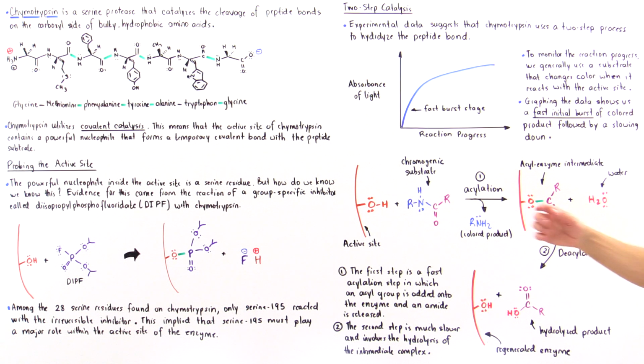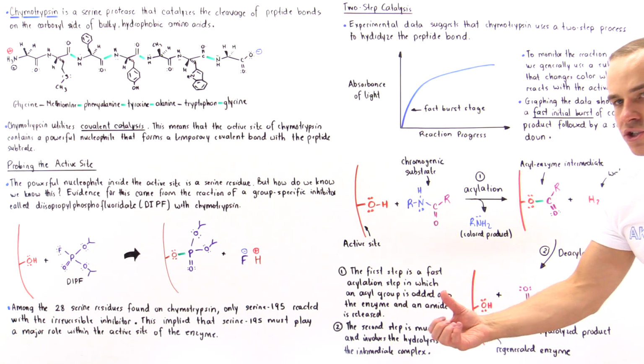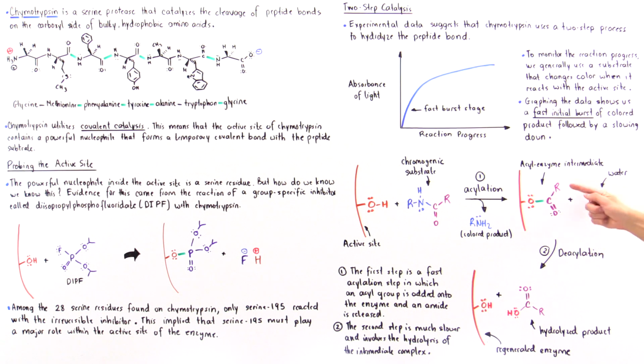And in the next step, we have the water molecule that joins in the active site, and it basically hydrolyzes the cleavage of the peptide bond. So it ultimately breaks this bond here, and it forms a bond between the oxygen and this carbon. And so in the second step, we have the deacylation step. So this acyl group is removed from that oxygen.